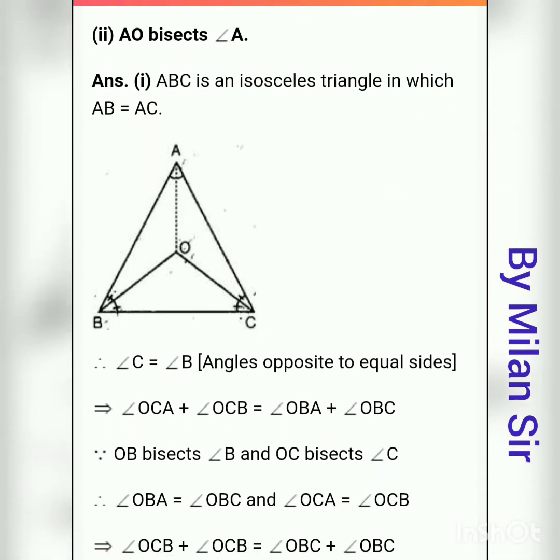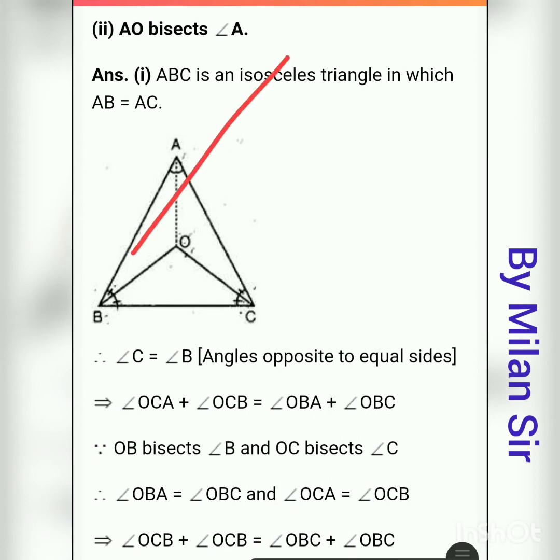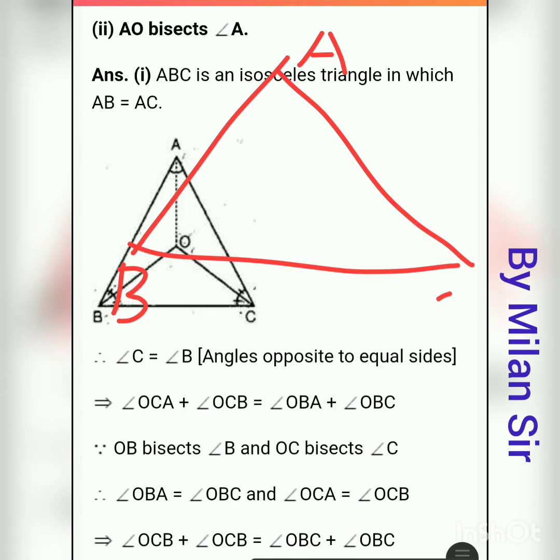Now we have this triangle ABC, and OB and OC. Angle B and angle C are the same, and OB is a bisector. So just think about the angle OBC.